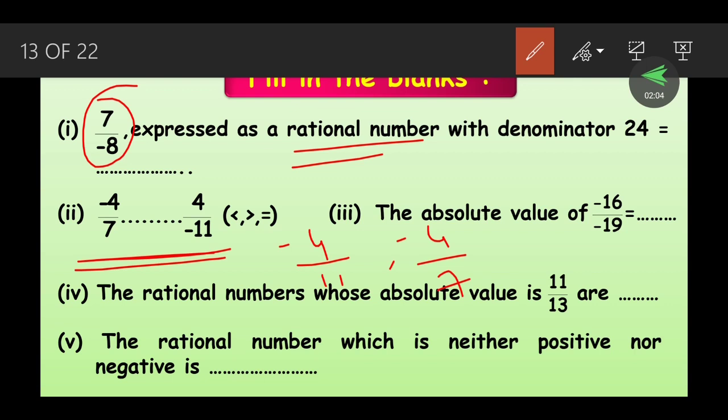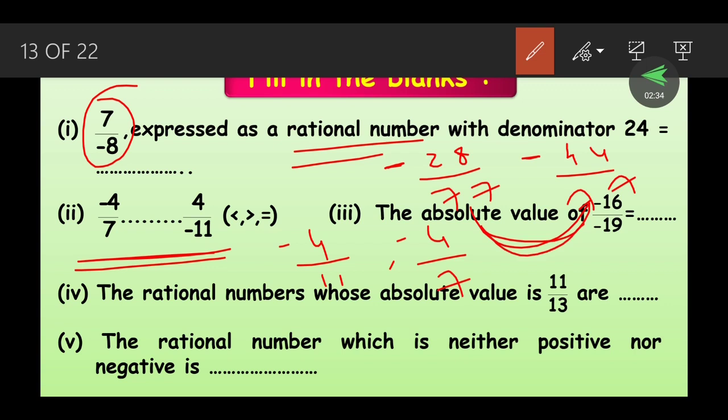We have to multiply with 11 here, so minus 4 by 7 becomes minus 44 by 77, and with 7 here, 4 7s are 28, so minus 4 by 11 becomes minus 28 by 77. Here the denominator is the same.